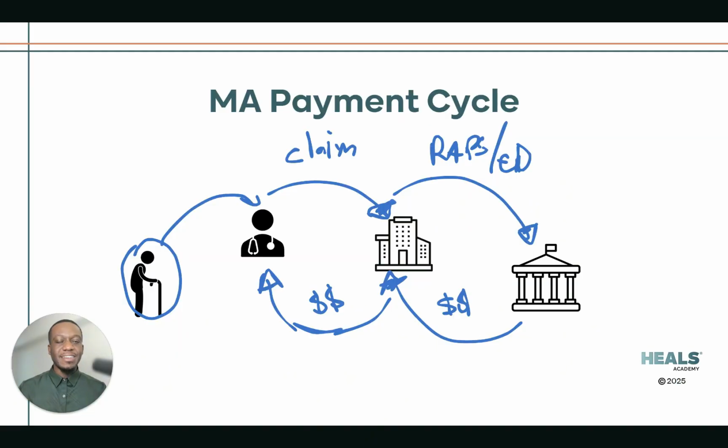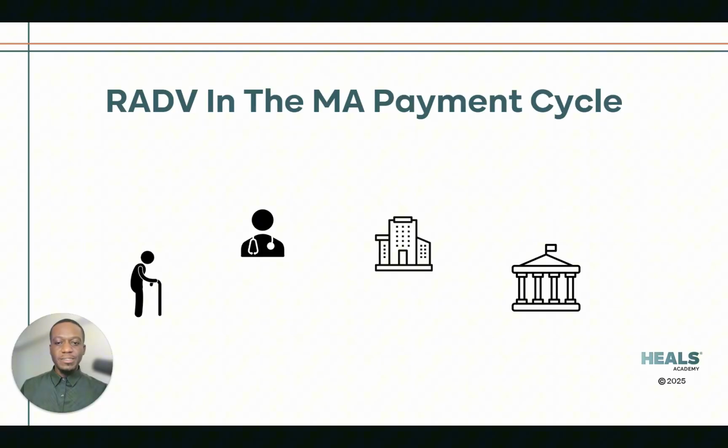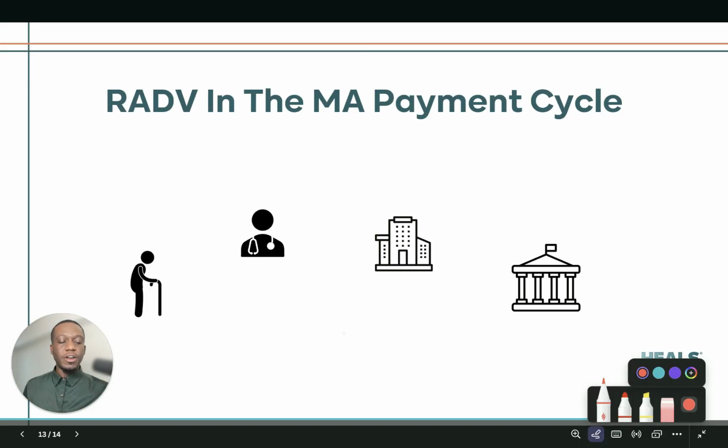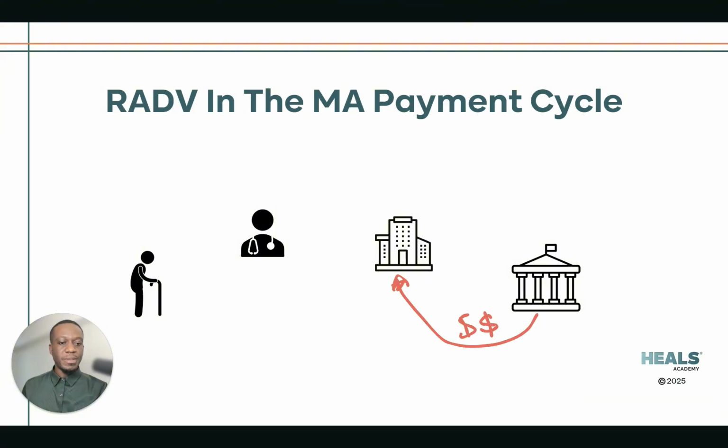Now let's add in how RADV comes into play in the cycle. In the RADV process, RADV comes into play with all the money that CMS pays to the plan. CMS now comes back to the plan looking to validate the payment. So CMS is doing validation of the data that the plan submitted to CMS.